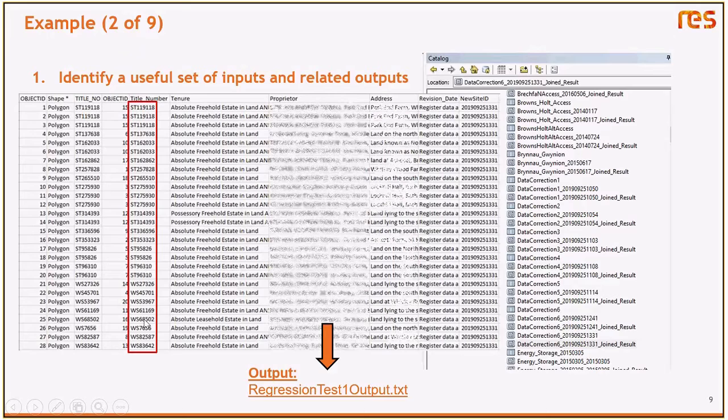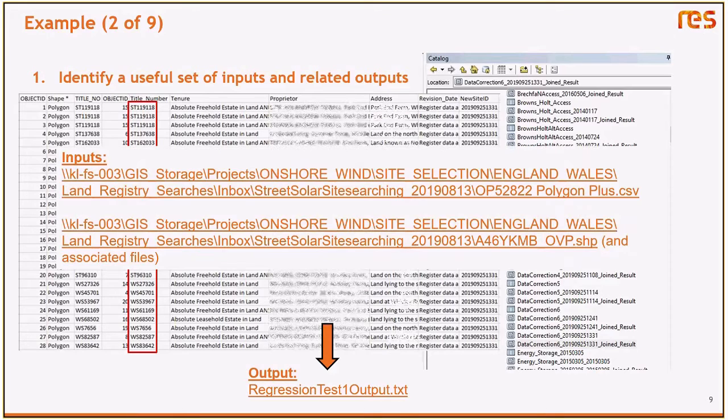And by doing that, we could identify the input files that were the source of the temporary files, and therefore these are the input files that relate to this output file. So we now have a set of input files and the related output file from them. So we have completed step one.